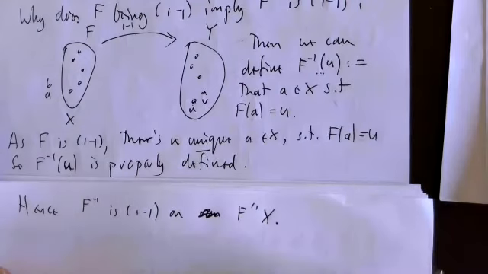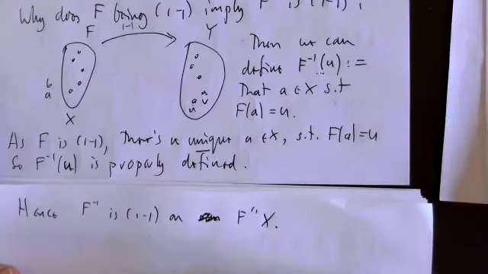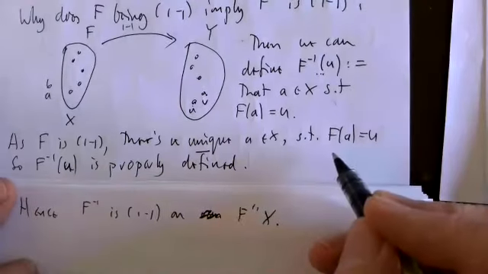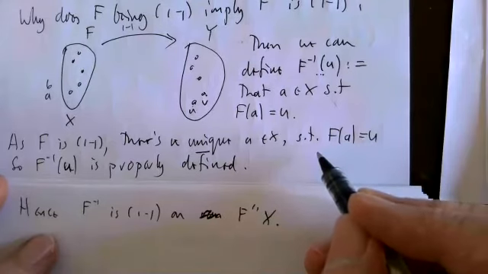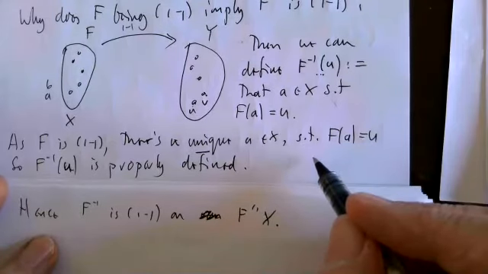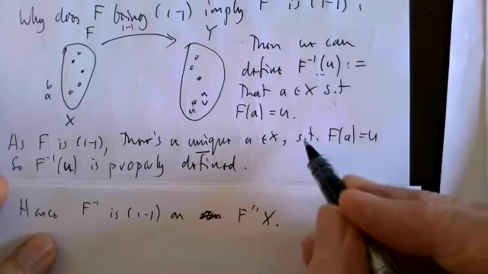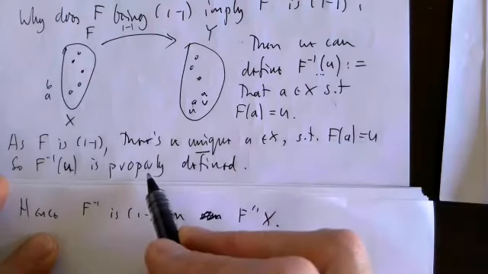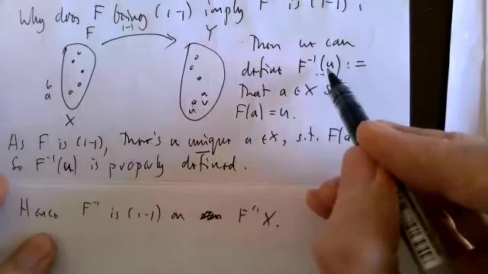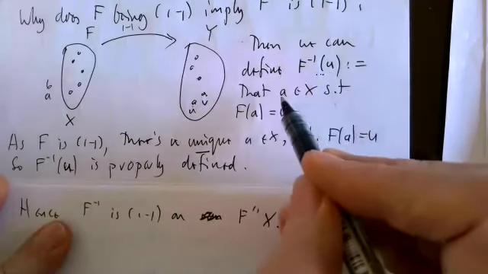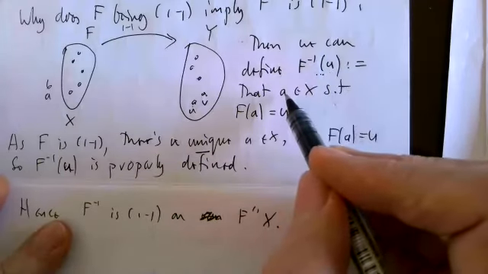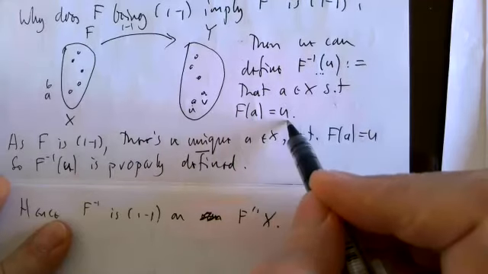No, well-defined and one-to-one don't mean the same thing. What it means is the definition that I've put down here is a good one. I've properly defined what f to the minus 1 of u is, because there's only one choice of a such that f of a equals u.